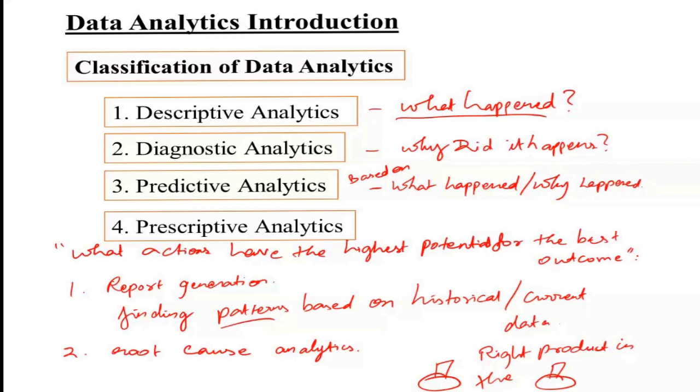Here we have predicted that sales is going to reduce. Then we will try to find some solution to increase the sales or decrease the loss, right? We will come up with different solutions, but we should find the best of the best solution, so that they can get the highest potential outcome.